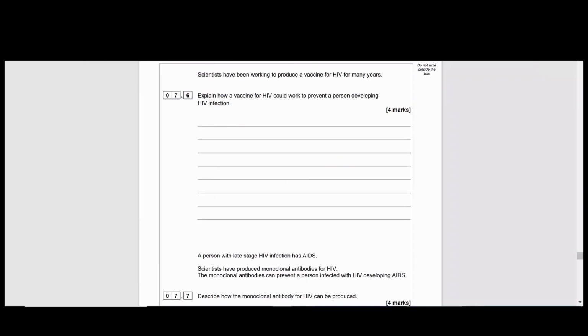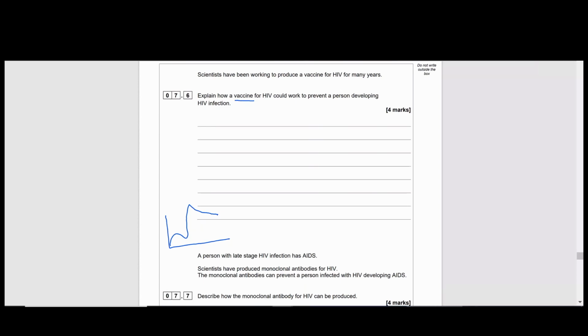So we need to describe what this vaccine is and then how that's going to prevent further infection. So we've got to really now think about this graph of our immune response. If we are able to explain this graph carefully, we should be on our way to 4 marks.